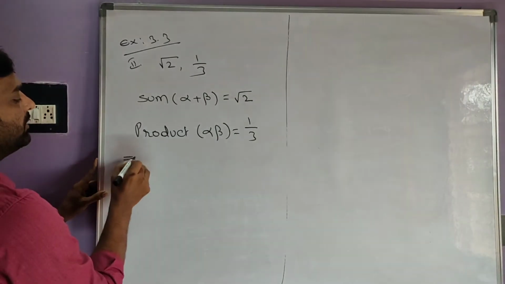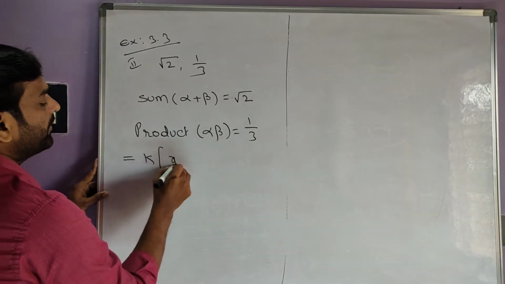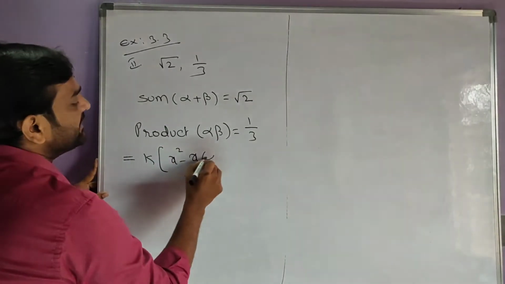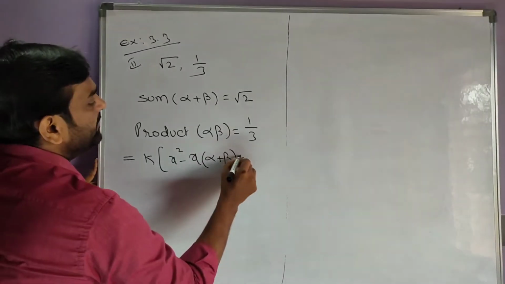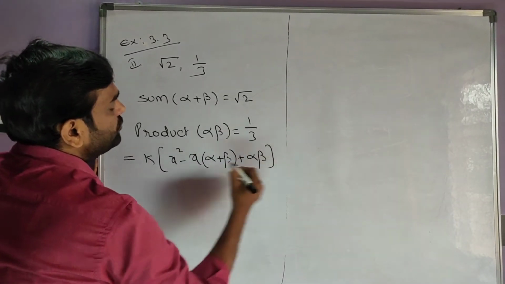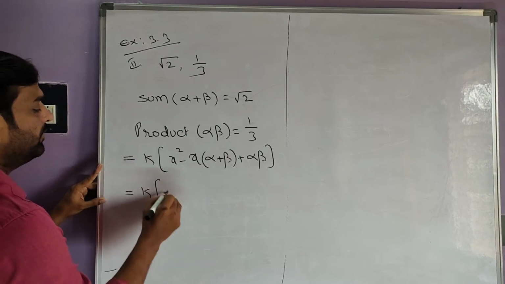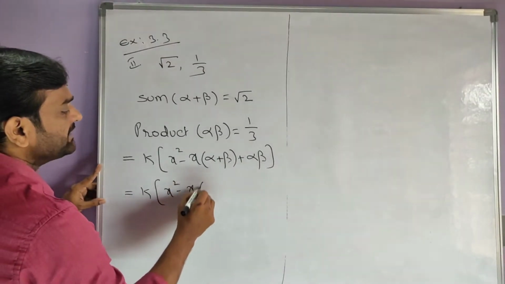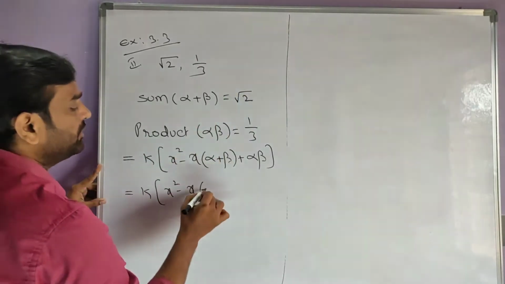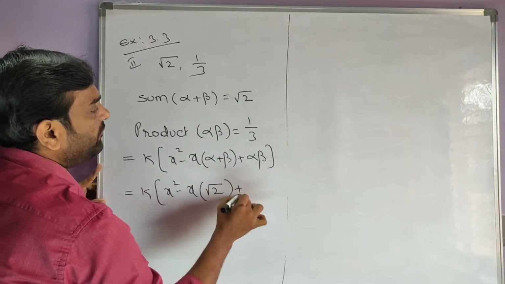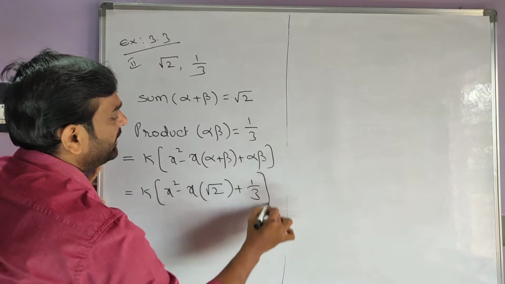What's the formula? K of x square minus x of alpha plus beta plus alpha into beta. K of x square minus x of root 2 plus 1 by 3.